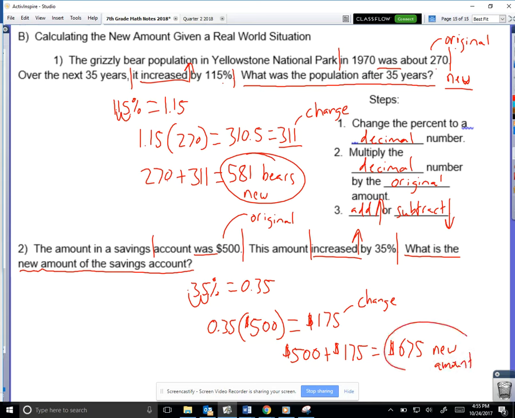All right, perfect. That is what you guys have in the savings account now after this situation. It was $500. It increased 35%. There's the amount it increased, which is going to give you $675. All right, there you go.